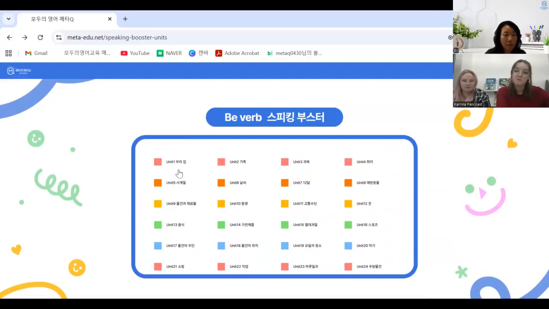What I mean is if you teach unit 1 and unit 3, and then skip some units, I want to suggest that when you teach G verb, use kind of the same pattern, because they already know be verb sentences and they know vocabularies. Then if they learn G verb, they can expand based on be verb vocabulary and sentences, and they can speak more than in the new unit. That is the tip.